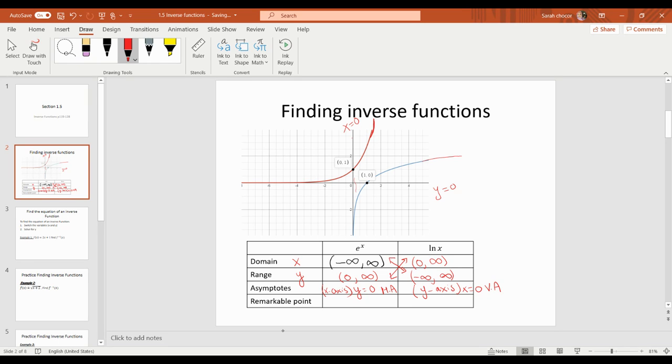So also we're talking about y equals 0 versus x equals 0. Remarkable points, like important points on the graph. For the red one, which is the exponential, we can see that this is a remarkable point, and this is a y-intercept. Versus for the log, you're going to see that it's an x-intercept.